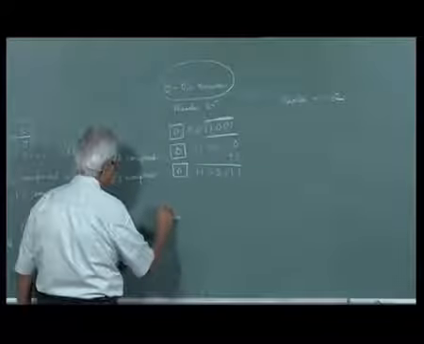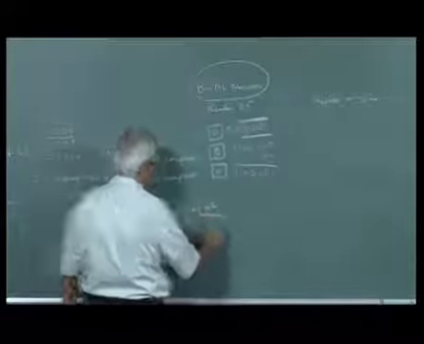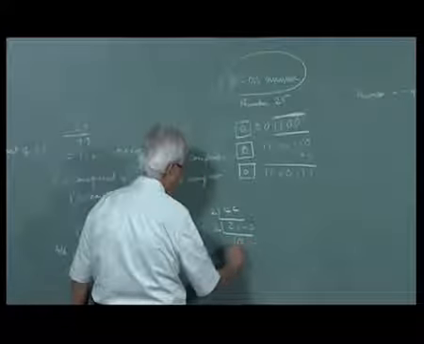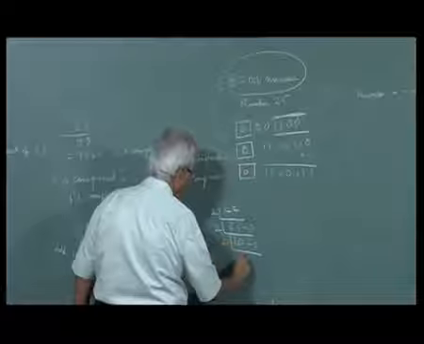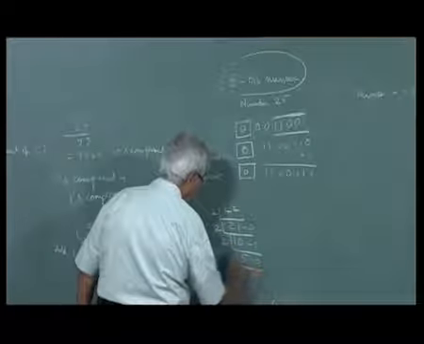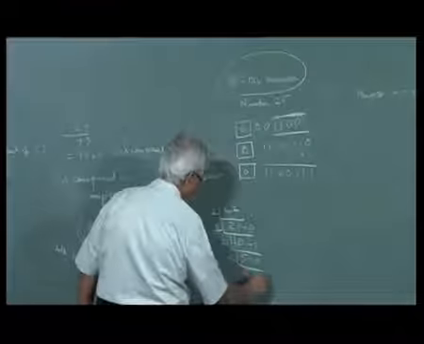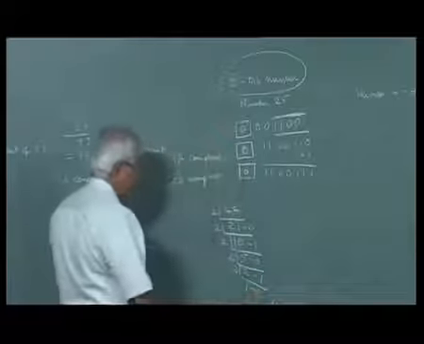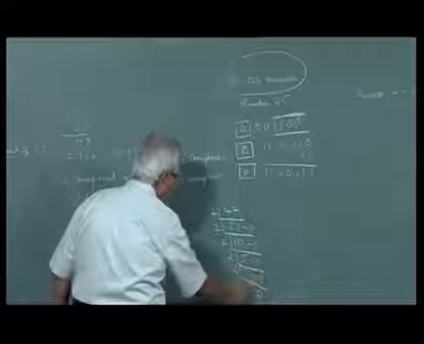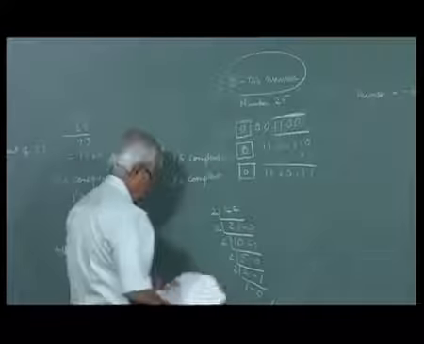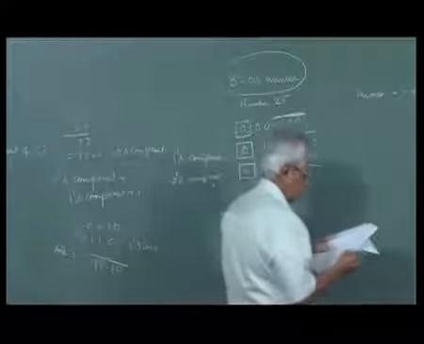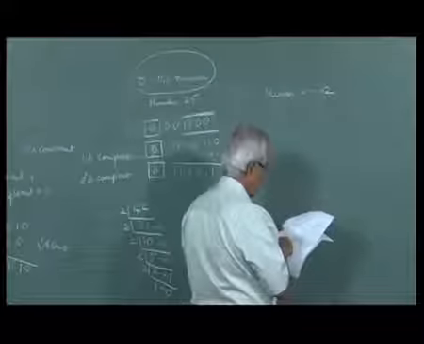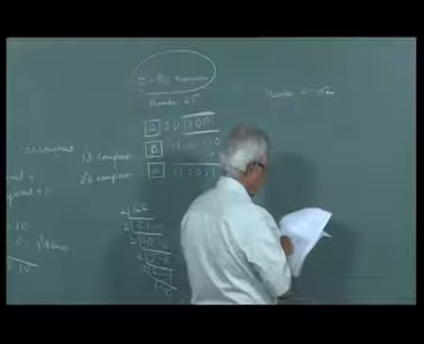Divide 42 by 2 to get 21, divide by 2, divide by 2, divide by 2, divide by 2. This will be 1, 0, 1, 0, 1, 0.